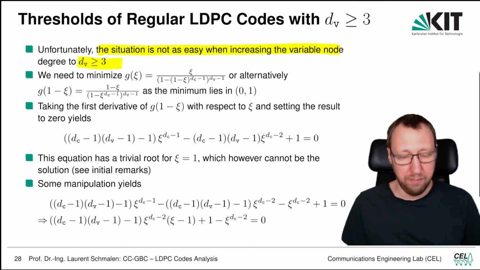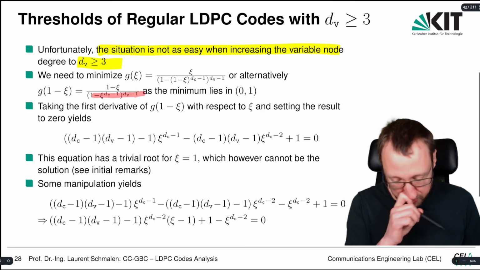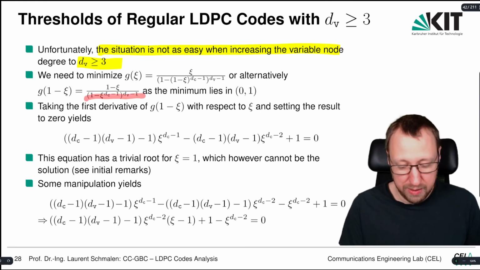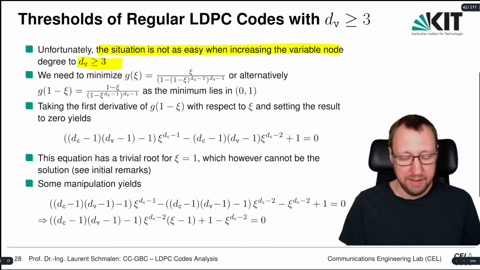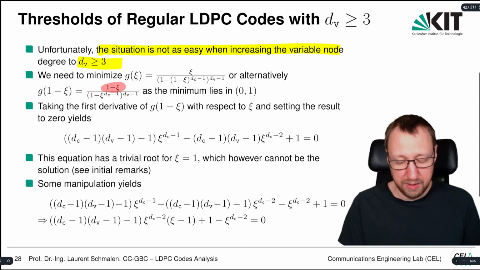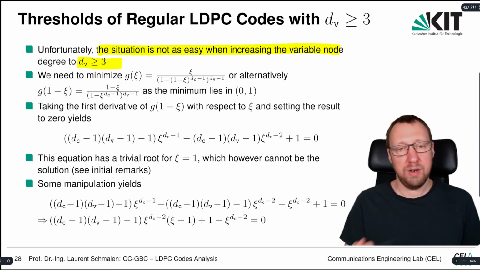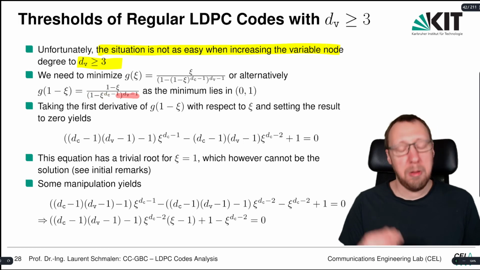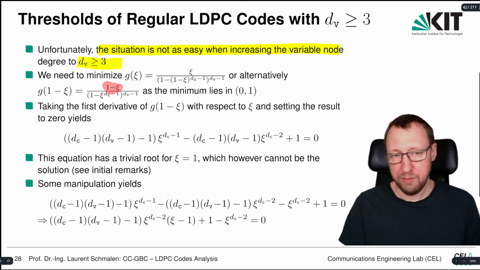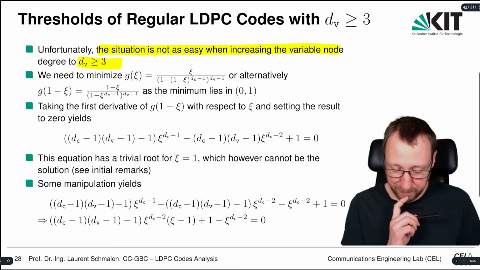Don't do this here, but try this for yourself. You square the denominator, and then you calculate the difference of the derivative of the numerator times the denominator minus the numerator times the derivative of the denominator.